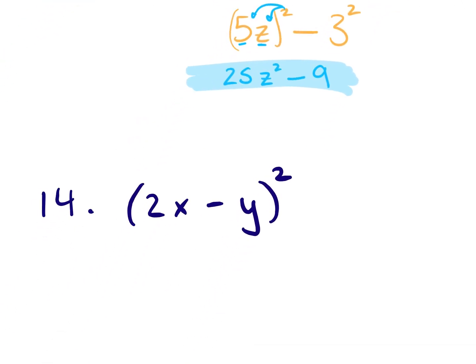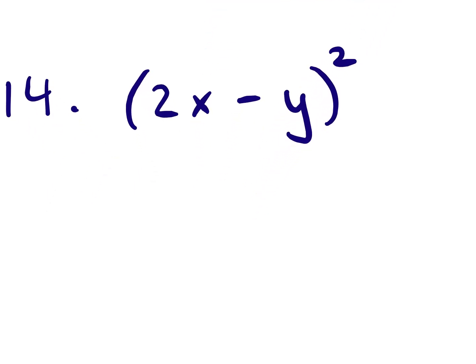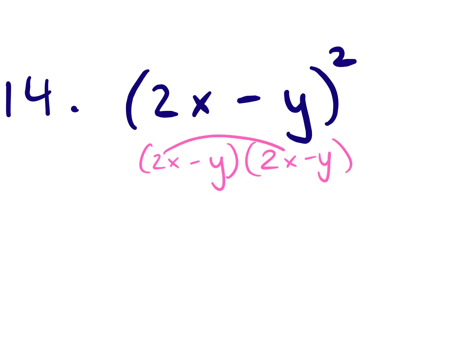All right, what would we do for 14? Write it twice and FOIL it out. 2x minus y times 2x minus y. What's 2x times 2x? 4x to the second power. What's 2x times negative y? Negative 2xy. What's negative y times 2x?